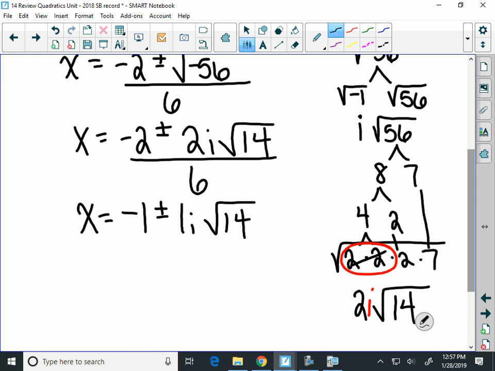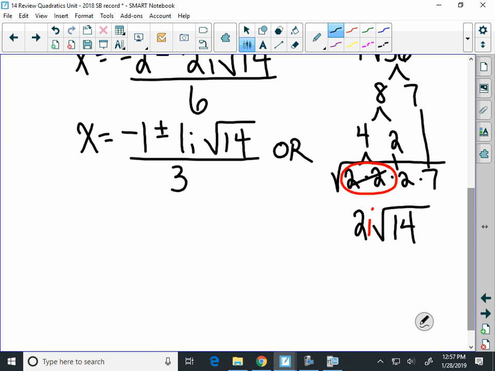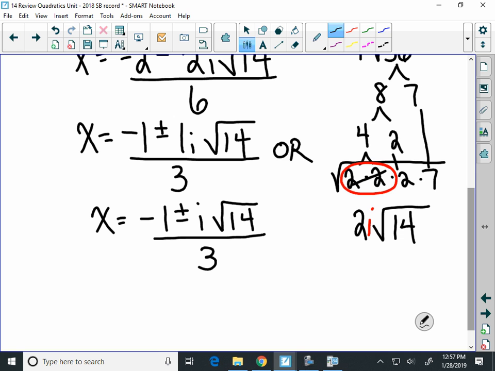Don't touch the square root of 14. 6 divided by 2 is 3. And if you've been checking your answers, I believe the way I wrote it is that x equals negative 1 plus or minus i radical 14 divided by 3.